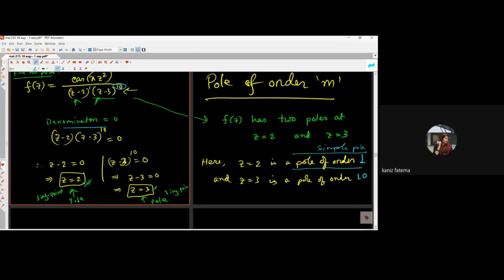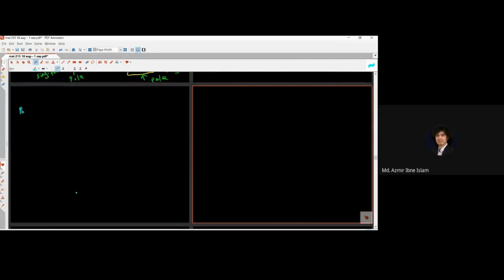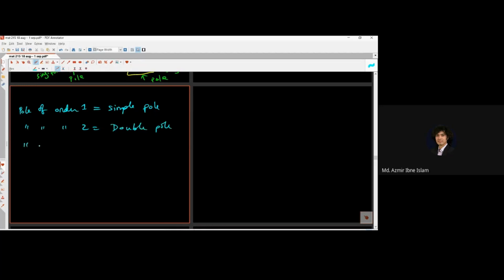So here we need to understand some common notations. If we have a pole of order 1, then it is called simple pole. If we have pole of order 2, that is called double pole. If we have pole of order 3, then that is called triple pole. But if we have pole of order 4, it is written just like that.